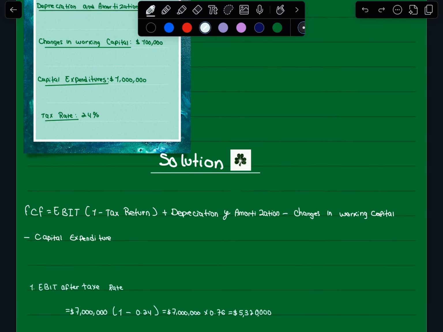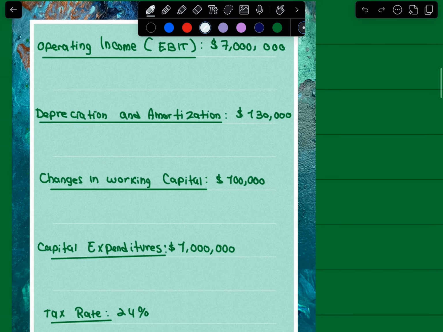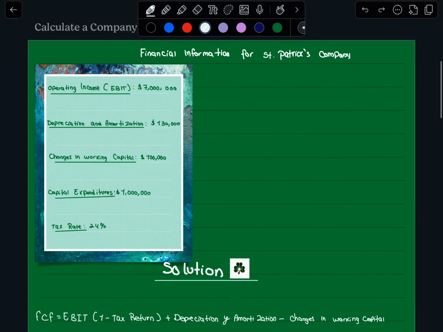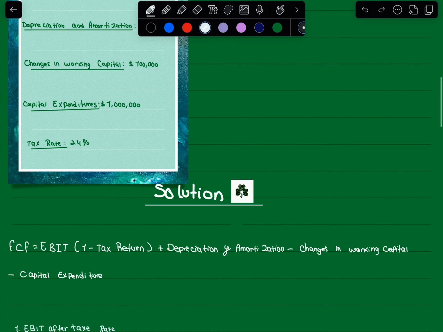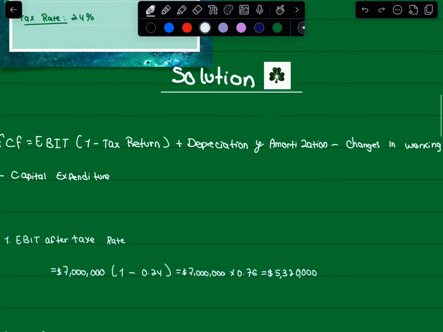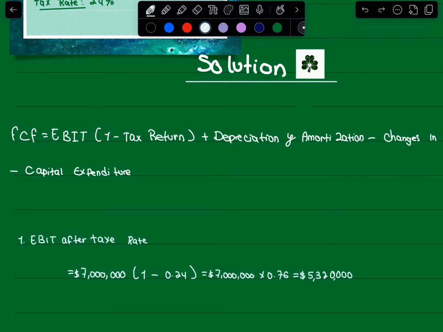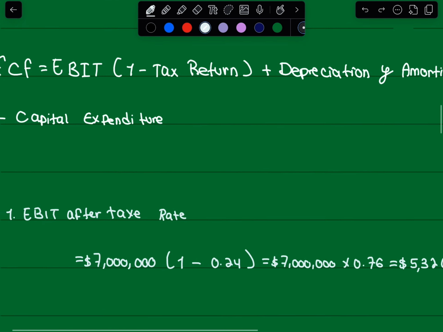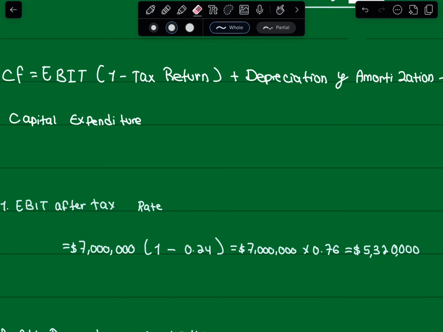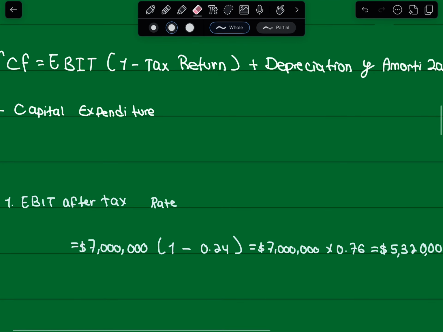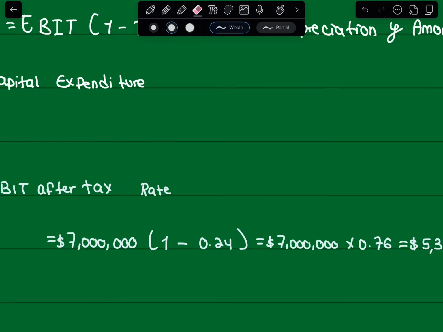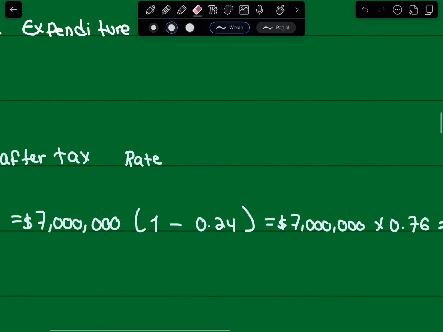Let's go ahead step by step using this information right here. We're going to solve for St. Patrick's free cash flow. Step 1 is earnings before interest and taxes after tax rate. We would take the $7 million and multiply that by 1 minus the tax rate, which is 24%.